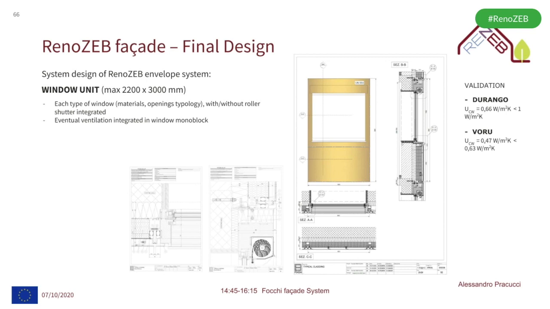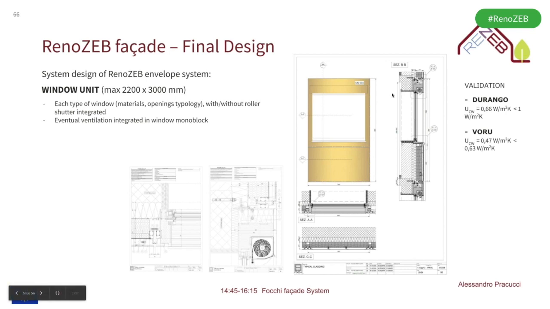This unit is a monoblock, which includes the roller shutter for blinds and shading, and can also be integrated with ventilation within the monoblock.